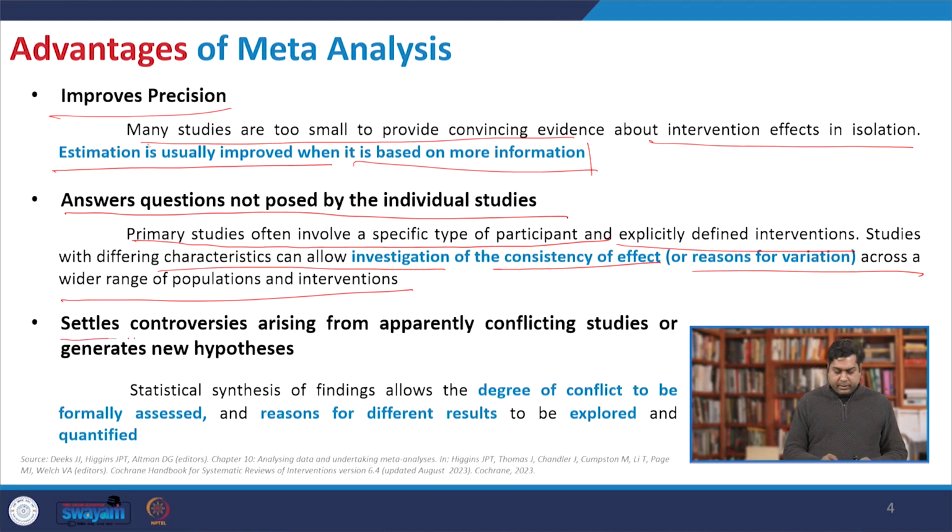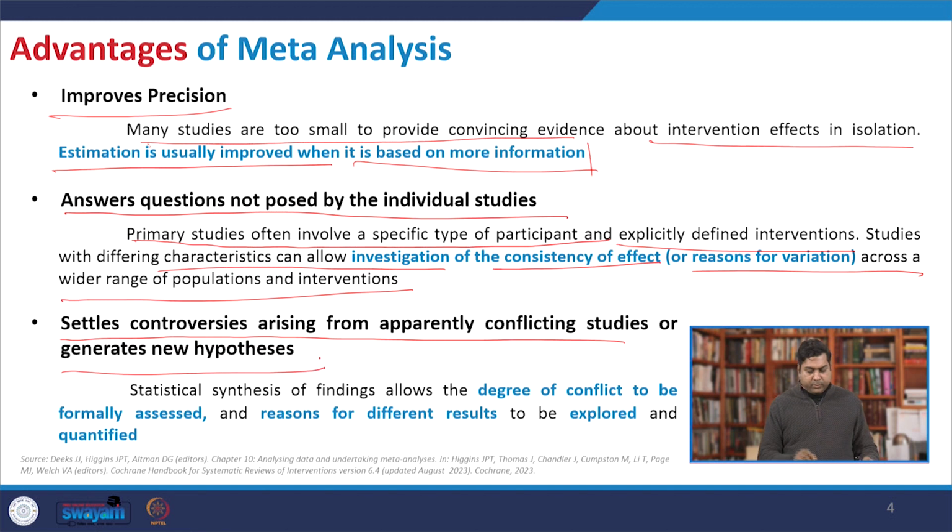Additionally, it also settles the controversies arising from apparently conflicting studies or generates new hypotheses. Suppose in one case all the studies, even though the correlation values are different, say there is a strong positive correlation, but some study may come up with a negative correlation. In such cases the studies are conflicting in their findings.